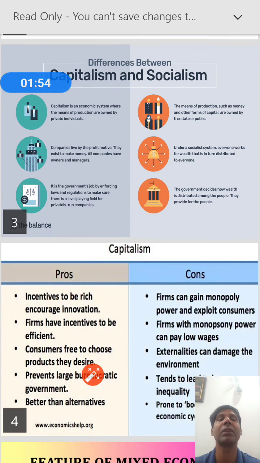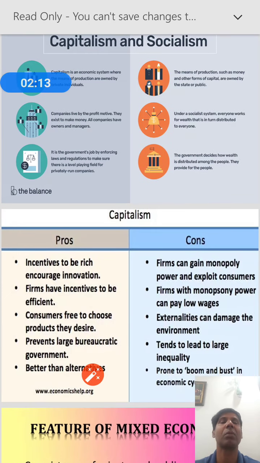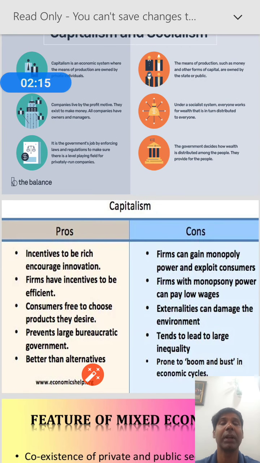The main aim of capitalism is to make profit. But the socialist economy always gives importance to service. Capitalism is always profit motivated, and socialism always gives importance to service orientation.